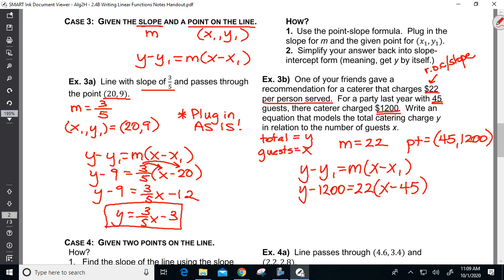So, now that we've set it up correctly, we can go ahead and solve it out. We have y minus 1,200 equals 22x minus, let's see, 90 times 11, 990. Add 1,200 to both sides.